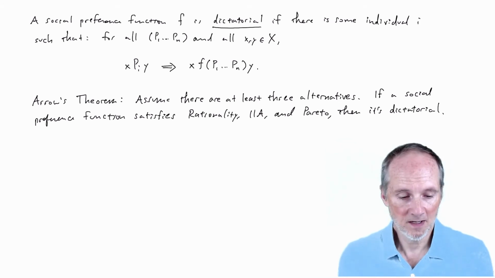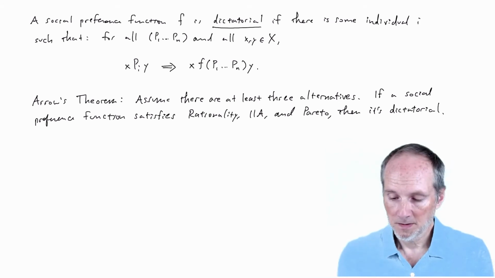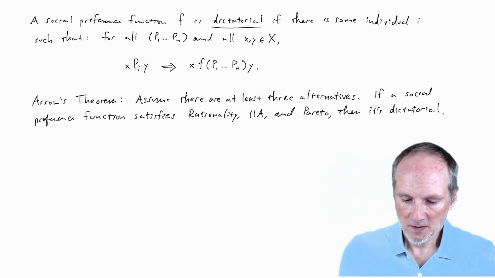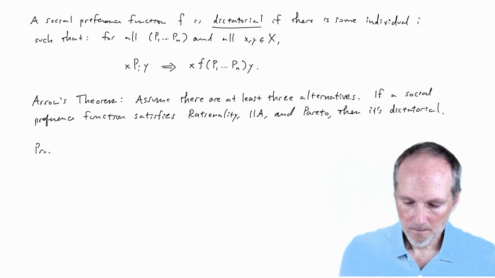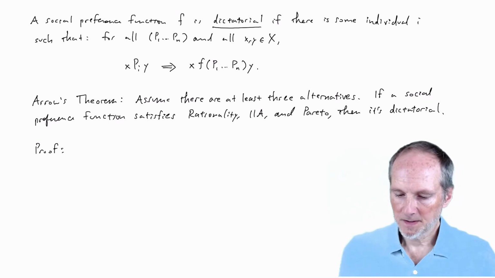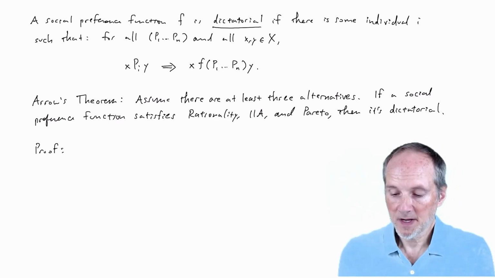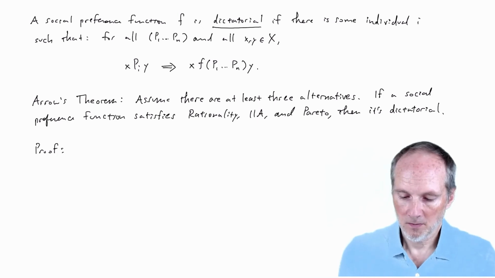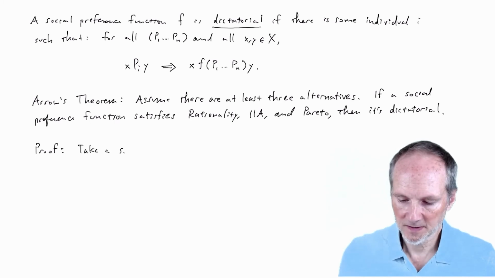All right, so let's begin with some setup here. What we're going to do is, this is basically a big conditional statement, okay? We're going to begin with a social preference function, let me just say SPF.